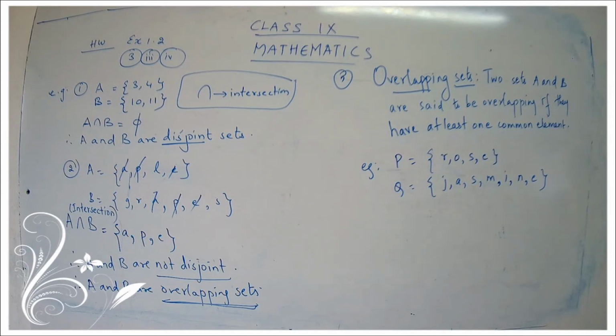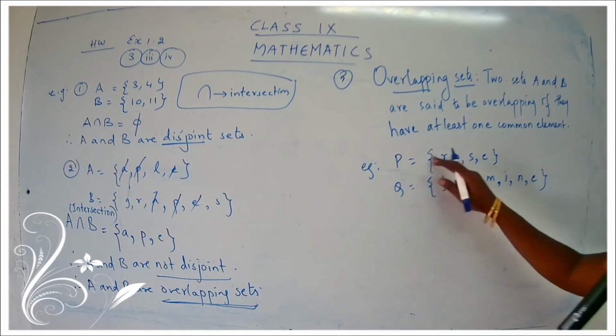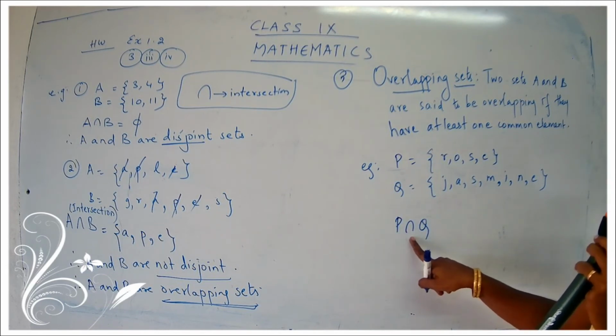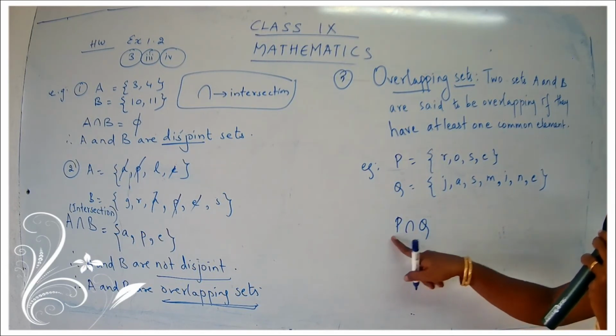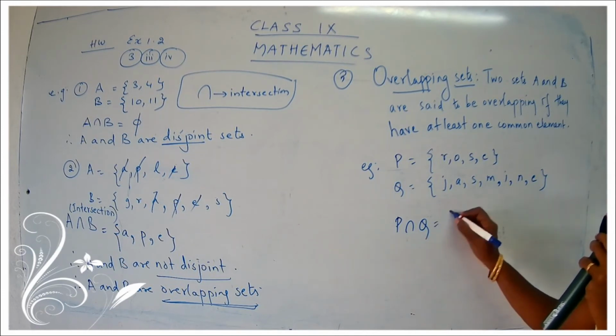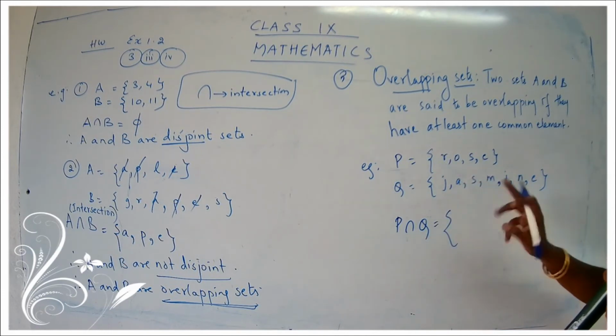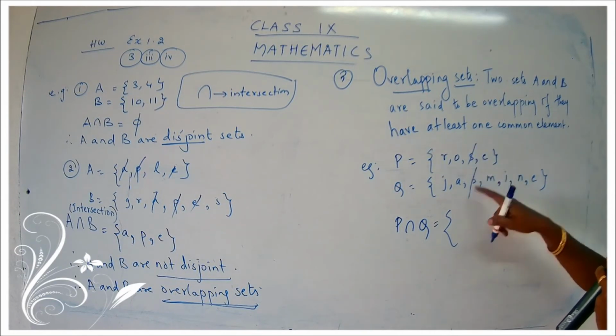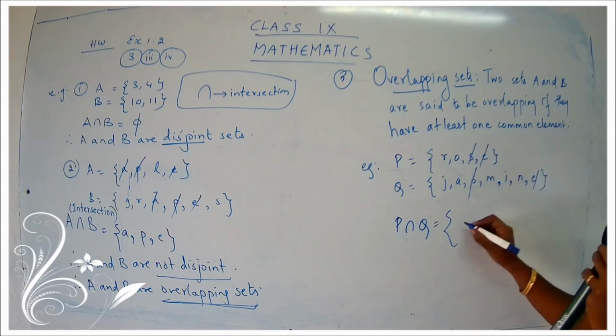Now let me find out the common of P and Q. So P intersection Q. What is the sign called? Intersection. P intersection Q is equal to S and E.